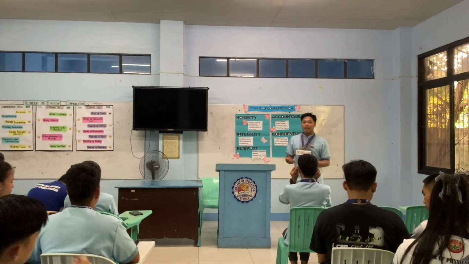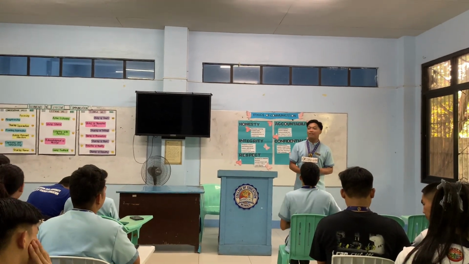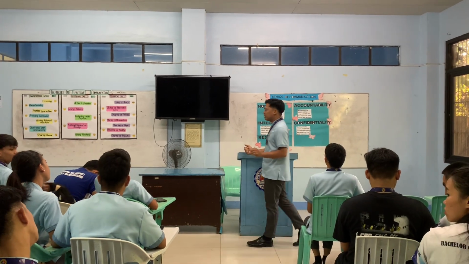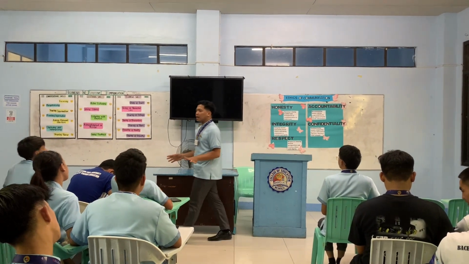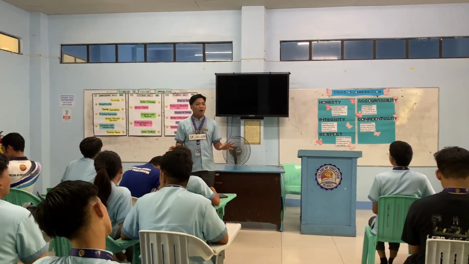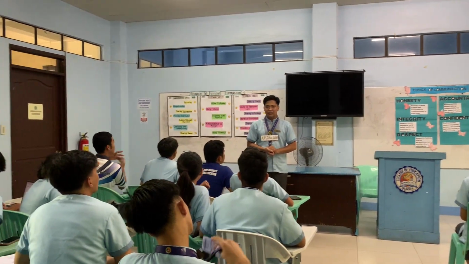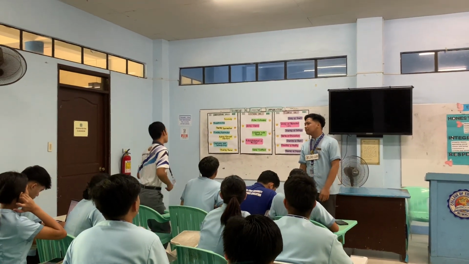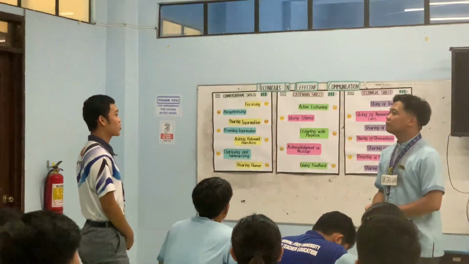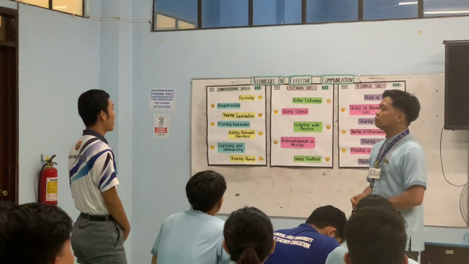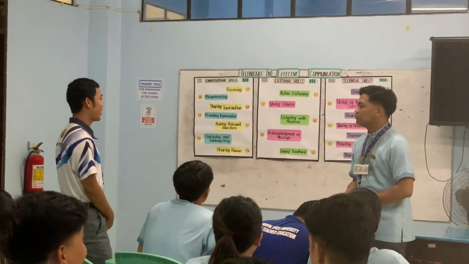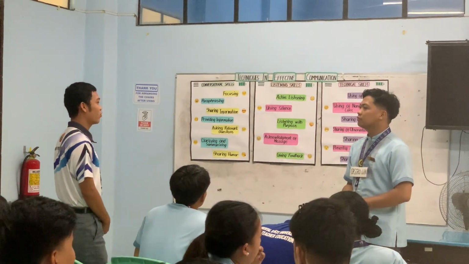Alright, before we formally start our discussion, we will have a recap. What was our discussion last meeting? Anyone? Yes, Jmar. Our discussion last meeting is all about ethics of communication, and ethics of communication encompasses 5 aspects, and these are honesty, integrity, respect, accountability, and confidentiality.